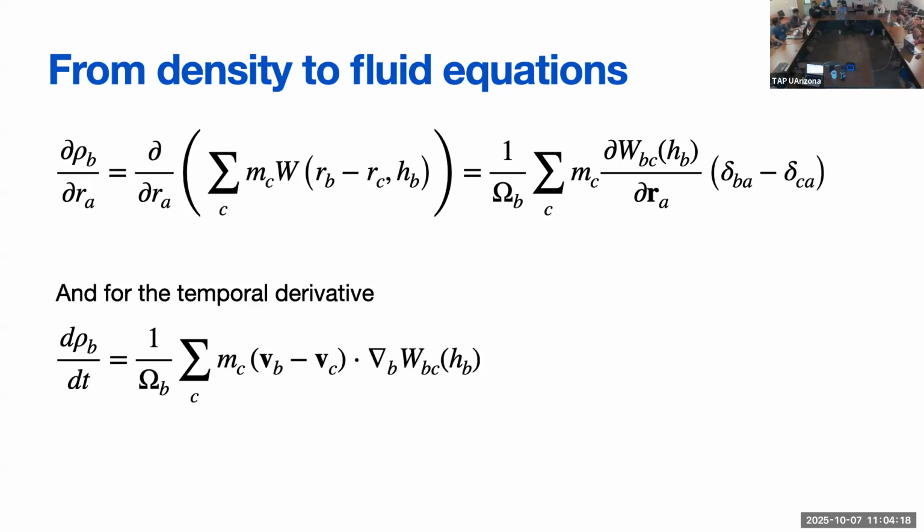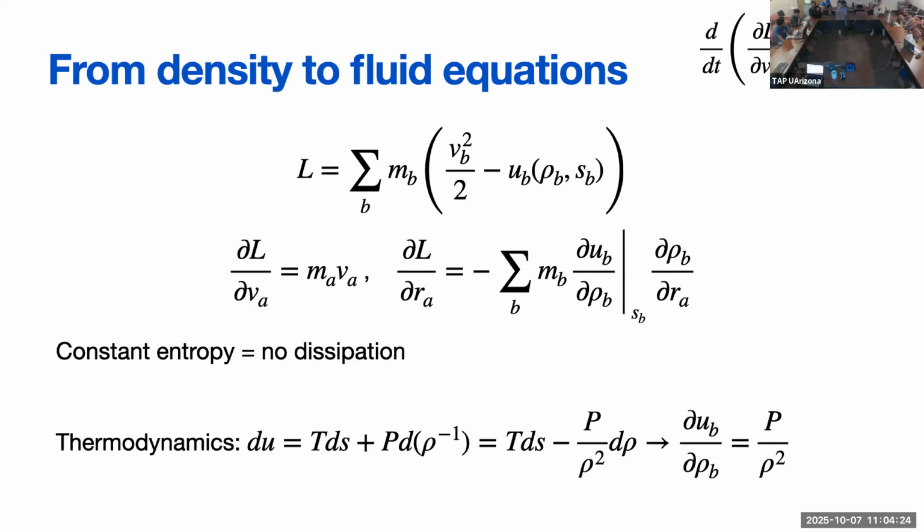Yes? I wanted to ask about the constant entropy assumption. In any physical process, entropy should increase, right? So how important is that it is constant? It's constant globally, let's say. So it doesn't change globally; the one you have in the simulation remains the same. Locally it can change, of course, but globally not.